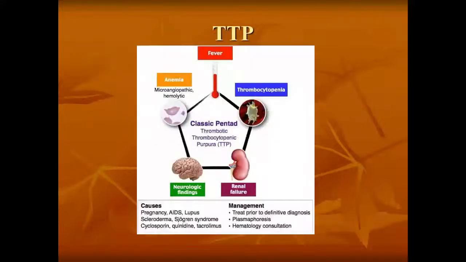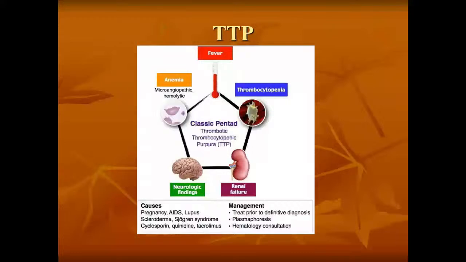So this is related, especially with the elderly patients that have diarrhea, especially dysentery, so that bloody diarrhea with Shiga toxin producing E. coli. So this is TTP, thrombotic thrombocytopenic purpura.